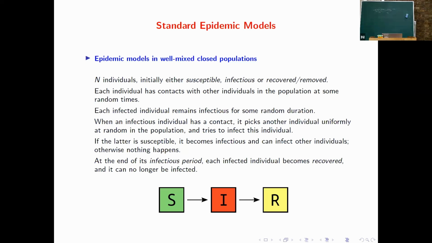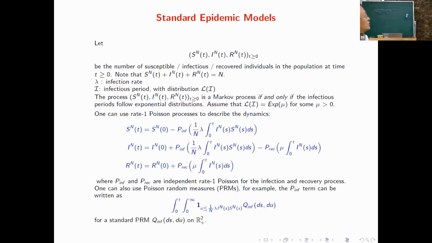When an infectious individual has contact, it picks another individual uniformly at random and tries to infect this individual. If the latter is susceptible, then it becomes infectious and can infect other individuals. Otherwise, nothing happens. At the end of the infection duration, each infected individual becomes recovered, and can no longer be infected. So this is the standard SIR model in a homogeneous population.